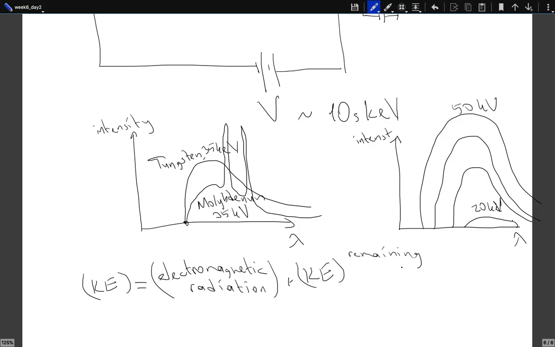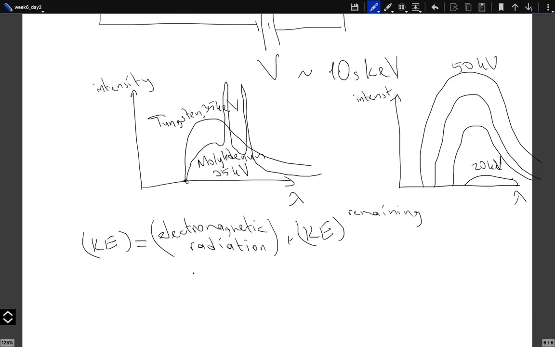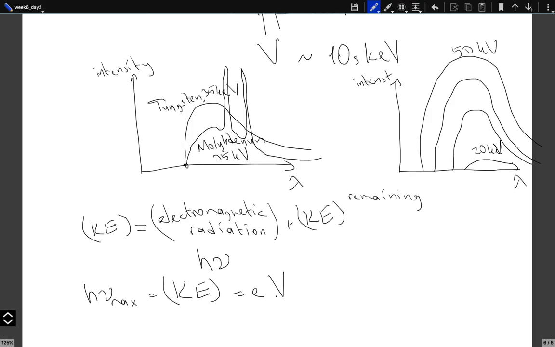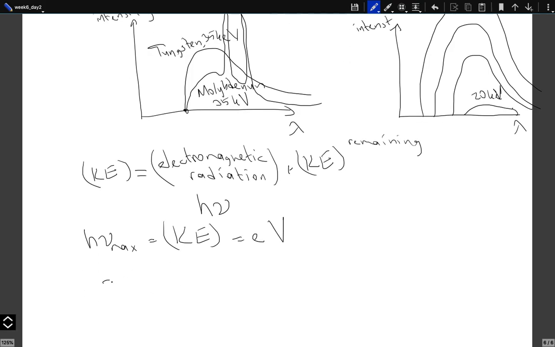Now that electromagnetic radiation has an energy h nu. So the maximum value of h nu is nothing but the kinetic energy of the electrons. But the kinetic energy of the electrons is nothing but eV. Their charge is e, and they are accelerating through a voltage of V. So this is the maximum kinetic energy.